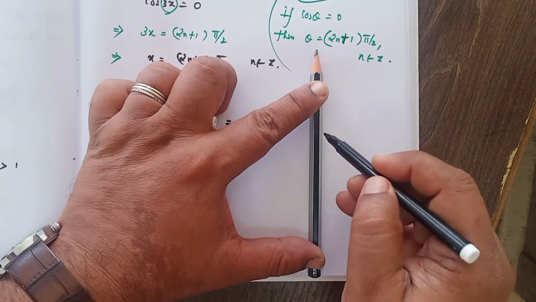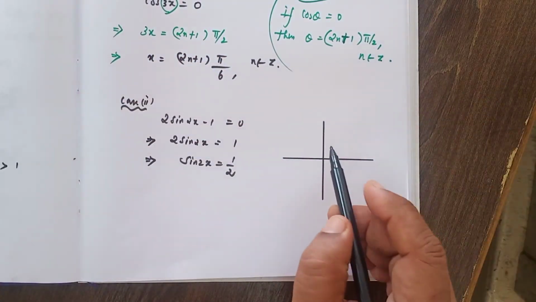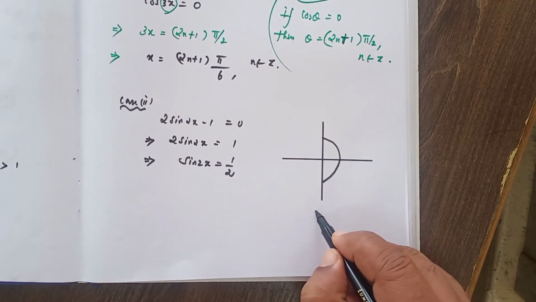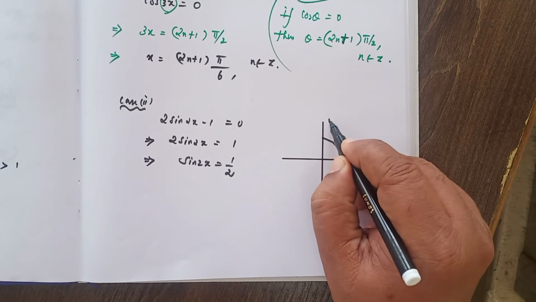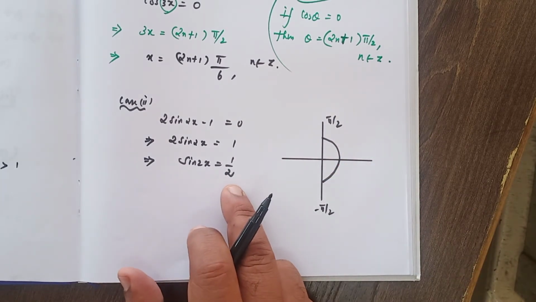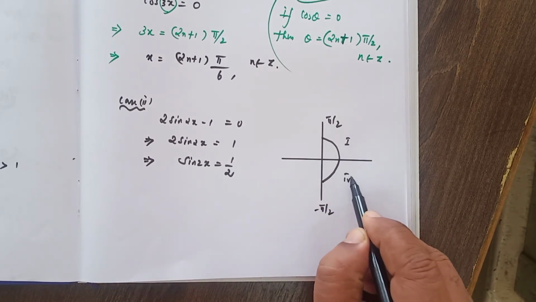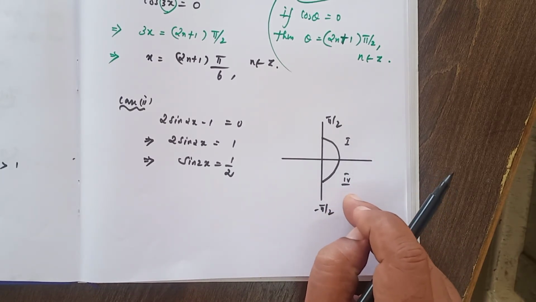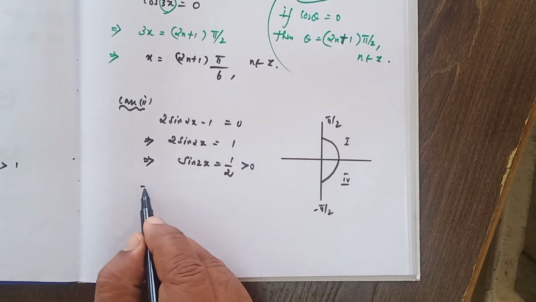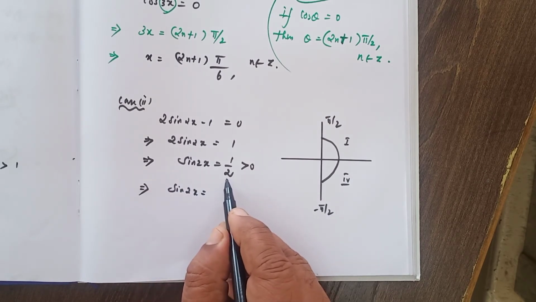We know that the principal value of sine lies between minus 90 and plus 90. Since it is positive, greater than 0, definitely it lies in the first quadrant, not in the fourth quadrant. In the fourth quadrant sine is negative, right.